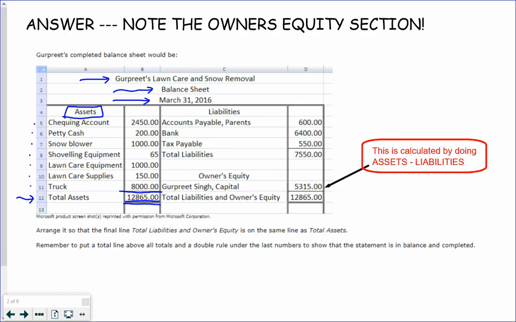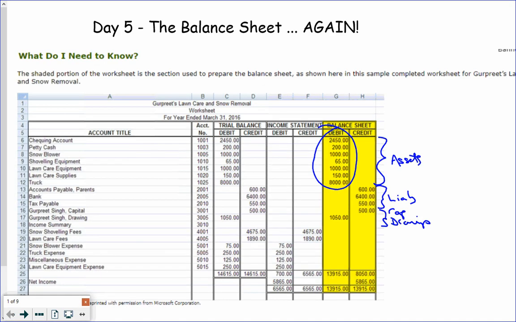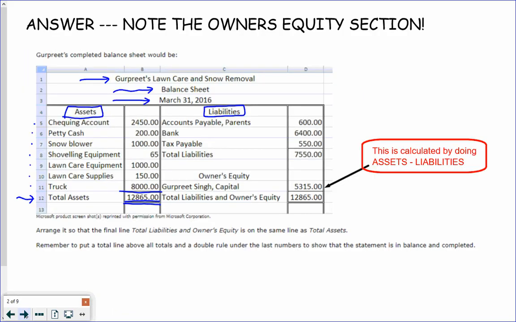Okay? Over in the other column, you do liabilities. We take our liabilities and we list them out. And then again, you do total liabilities and you just do a single line. You do not put a double line underneath liabilities. Okay?